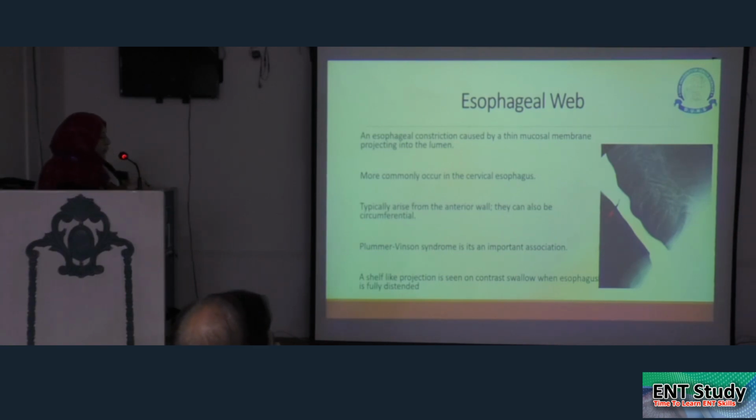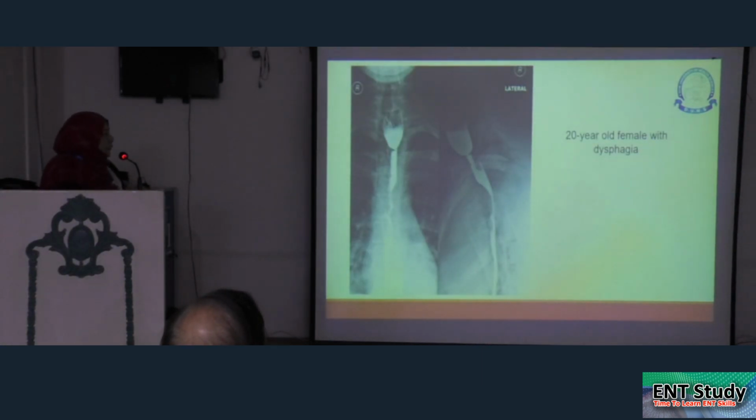So on a barium or a contrast swallow, it appears as a shelf-like projection when the esophagus is fully distended with the contrast. This is a spot film of the barium swallow of a 20-year-old female with dysphagia.